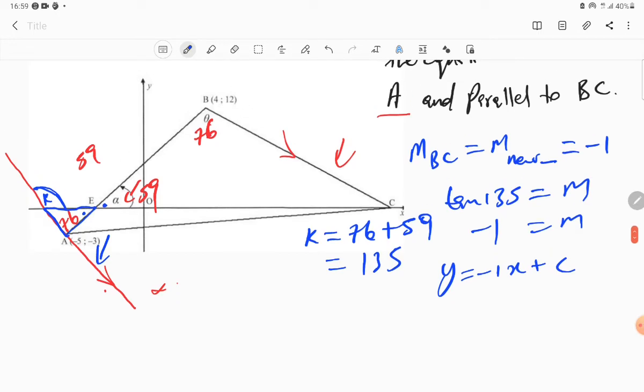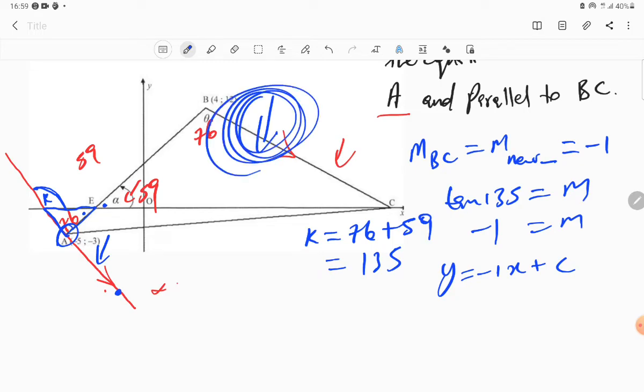We are going to use the point A, because this line is passing through point A. If any other point was given on this line, you would use it. But you cannot use the points in this equation, because we are not looking for the equation of this line. We are looking for the equation of the line parallel to this line. So we just need to know which coordinates to use when looking for what.